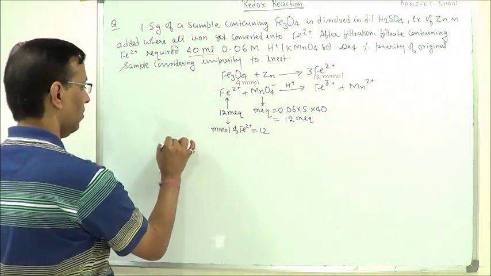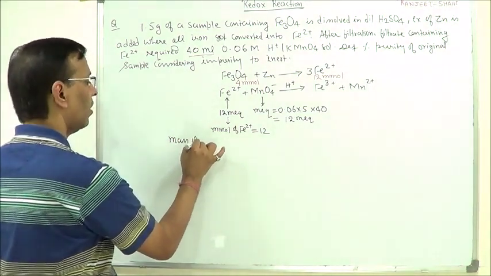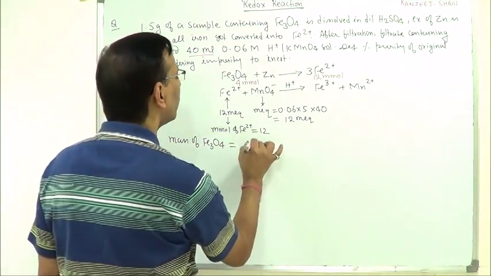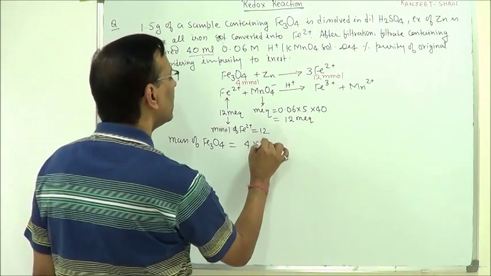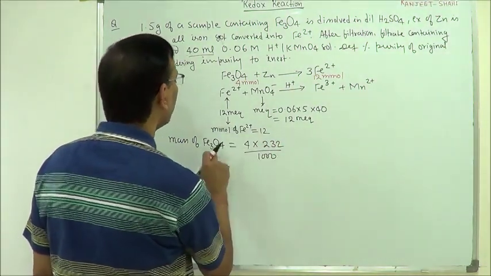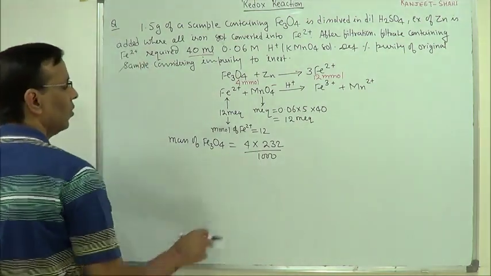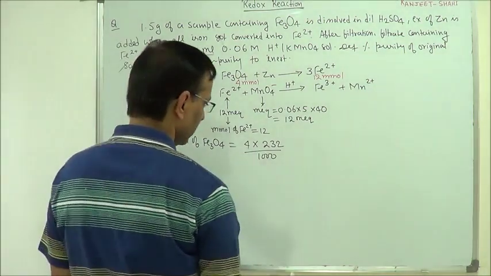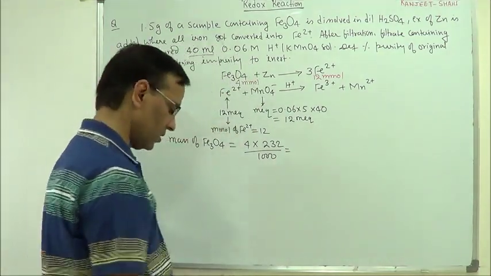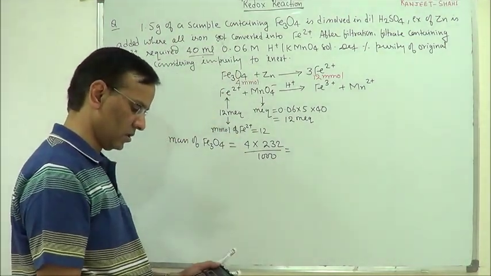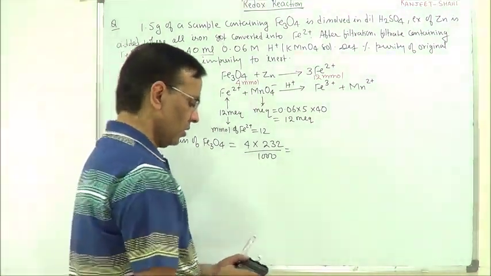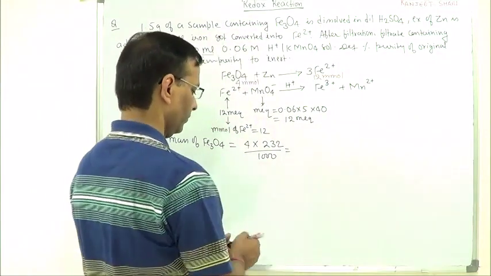So mass of Fe3O4 will be equal to 4 into its molar mass. Its molar mass is 232 divided by 1000 millimole. So mole will be 4 by 1000 into molar mass. If we calculate it, it comes out to be 0.928 gram.